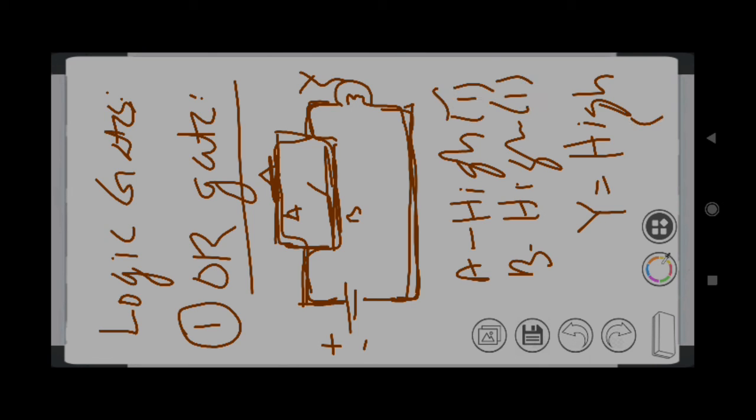See here, two inputs high means output is also high. This is also according to the definition of the OR gate. So this circuit with the switches and bulb is also acting as an OR gate.